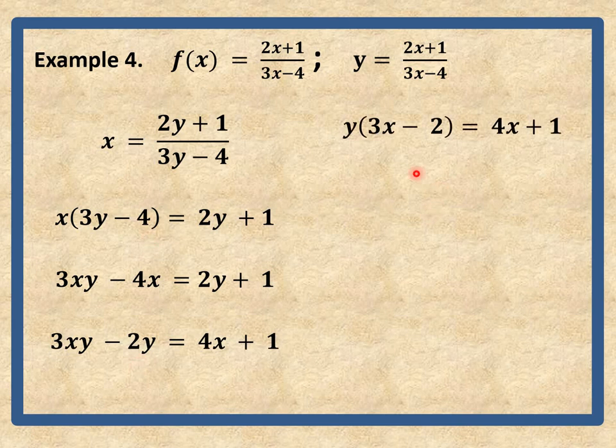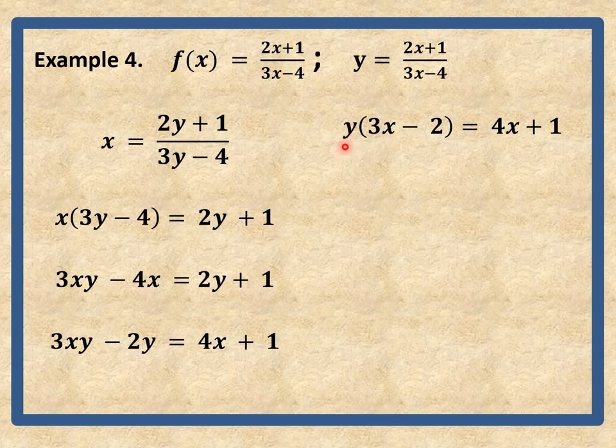So, y times 3x minus 2 is equal to 4x plus 1. Looking at 3xy and negative 2y, we remove y as their common factor.